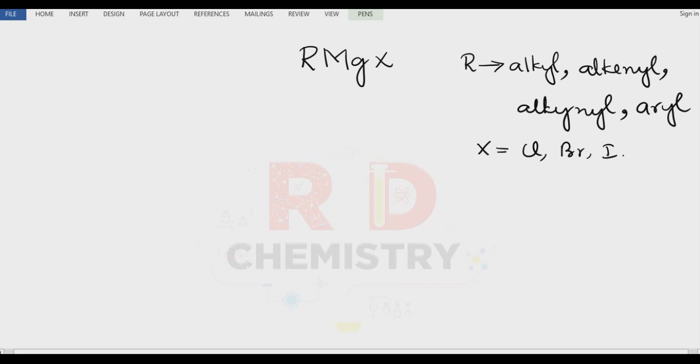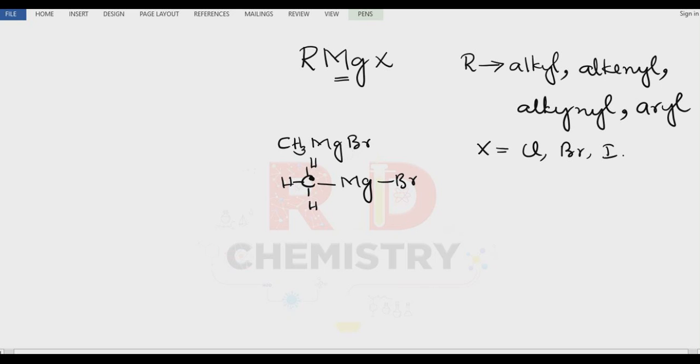Now, here we have magnesium metal, correct? For example, R is equal to methyl, CH3, with magnesium and halogen, let it be Br. Carbon is attached to hydrogen, hydrogen and hydrogen, then magnesium, then Br.